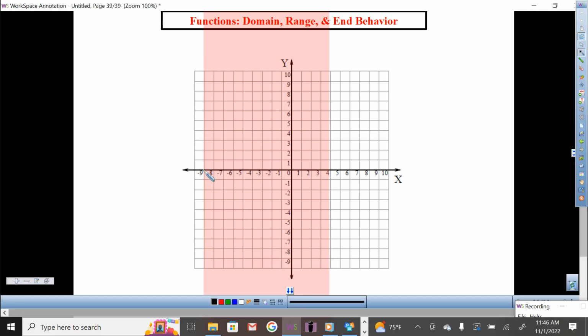From -9 to 4. Hands if you agree with -9 to 4. Yes. So how do I write that as a domain? From -9 to 4. What goes in between? X, less than or equal to, less than or equal to. How we doing? Yes? All right.